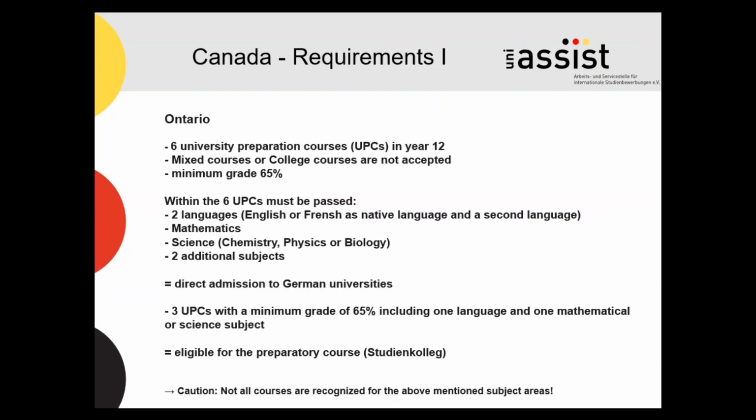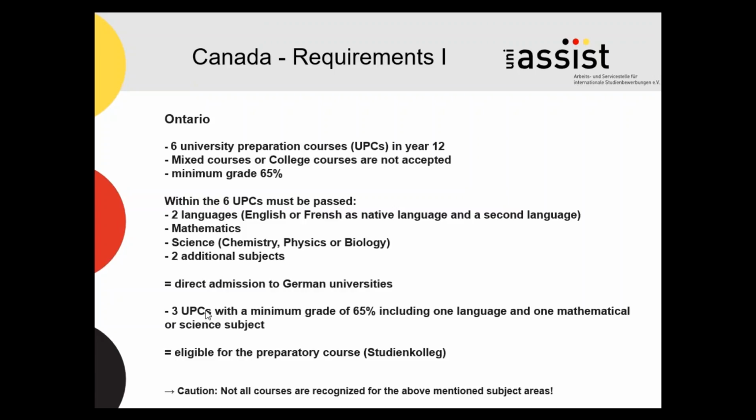And I will tell you something about Ontario. With Ontario, you are eligible to apply directly for a study in Germany at a German university. But there are some strict requirements that have to be met.